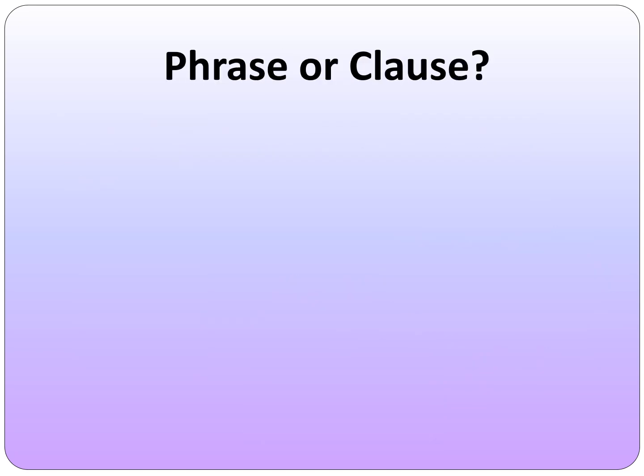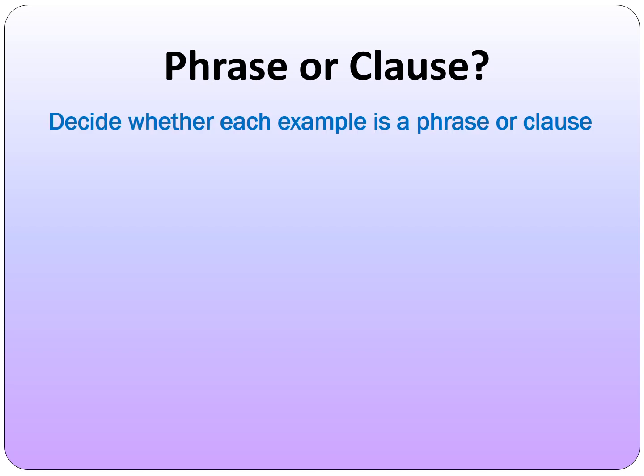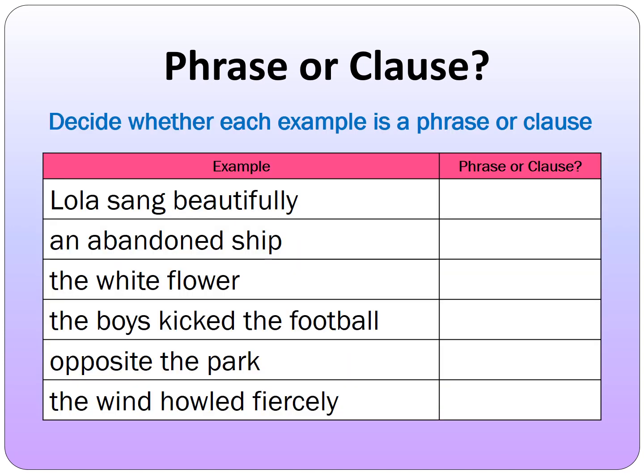Let's have a look and see if we can identify some examples in the sentences below. What you need to do is read each of the examples and see if you can identify the verb and identify the subject performing that verb.